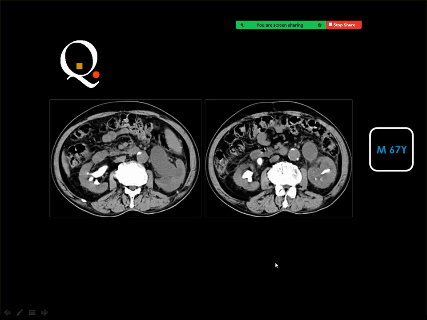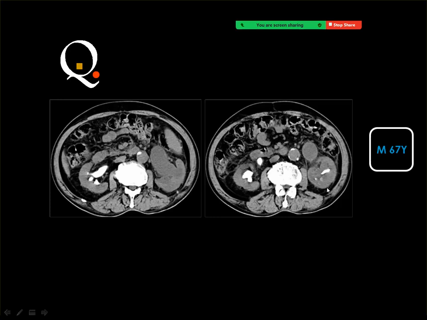In this case, it's seen every day in the radiology practice, CT KUB, with bilateral renal stones. The stone on the left side is a staghorn calculus that is filling the renal pelvis and the proximal part of the ureter as well as the calyces.